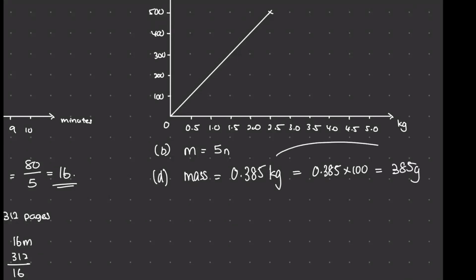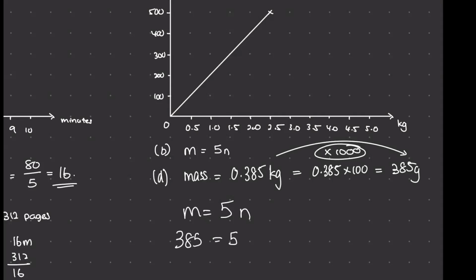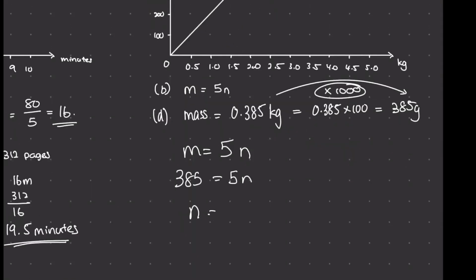So kilograms to grams, multiply by 1,000. So using the formula m is equal to 5n, the mass is 385 is equal to 5n. So the number of sheets will be 385 divided by 5, which is equal to 77.